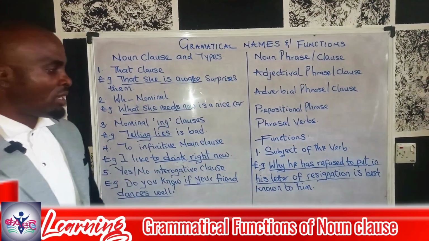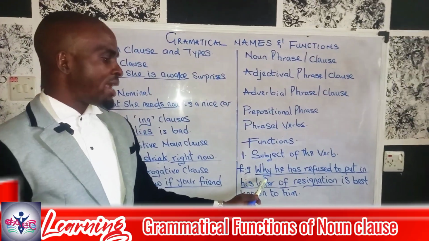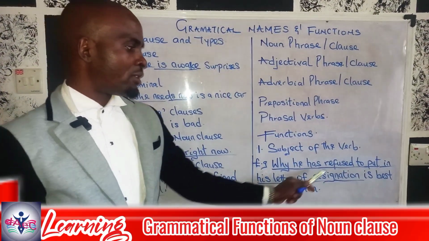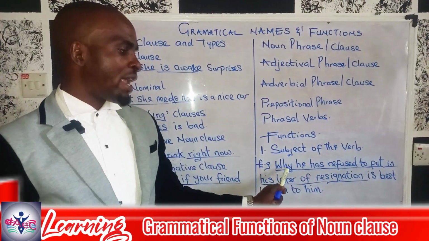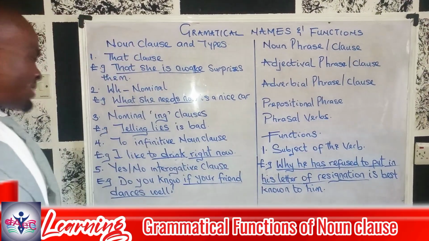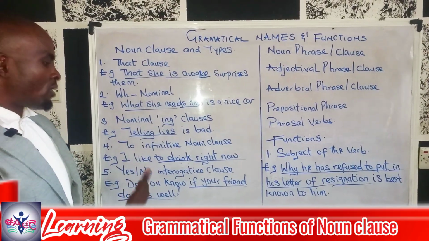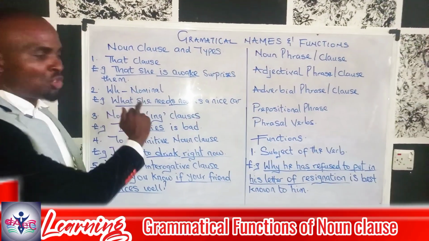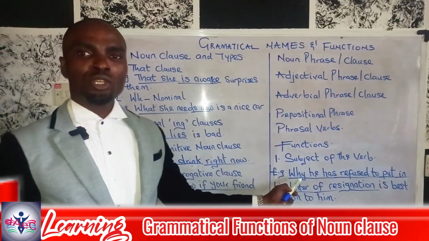Now look at the illustration below. "Why he has refused to put in his letter of resignation." Now, WH word. Why? Remember I said part of the types of a noun clause is the WH nominal.